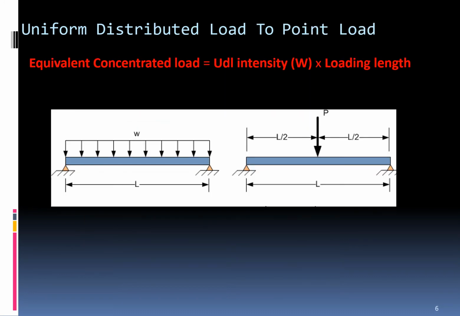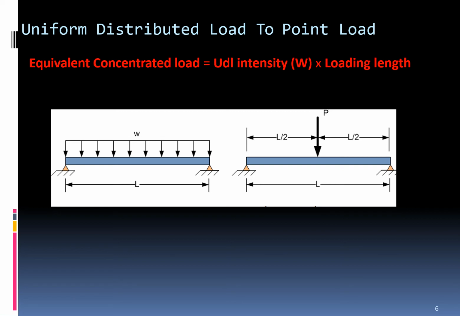It is very important that UDL, that is uniformly distributed load, should be converted into a point load which is called as equivalent concentrated load. We can see in the figure W is the UDL which is acting over a length L, and if you want to convert this UDL into a point load, intensity will be equal to UDL intensity W into loading length, and it is going to act at the center of the UDL.